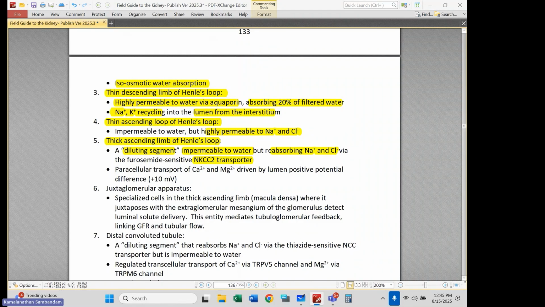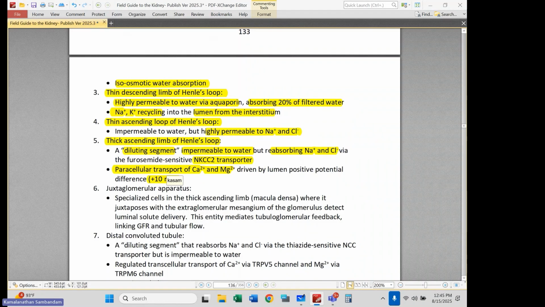You have a net positive potential difference in the lumen, and that drives paracellular calcium and magnesium transport. And therefore, if you impair the creation of a lumen positive potential difference, such as with using loop diuretics, you would then enhance the elimination of calcium and magnesium.